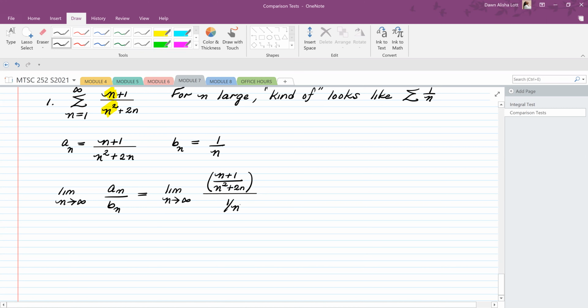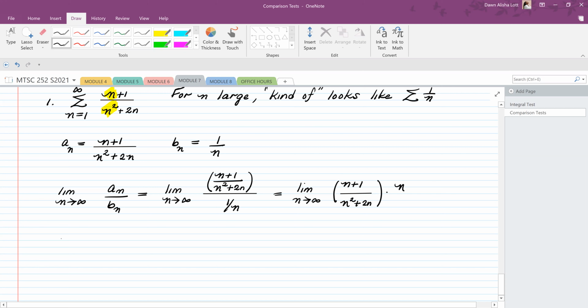Now we know when we divide by a fraction, we multiply by its reciprocal. We've been doing that for years. So I get n plus 1 over n squared plus 2n, times n.